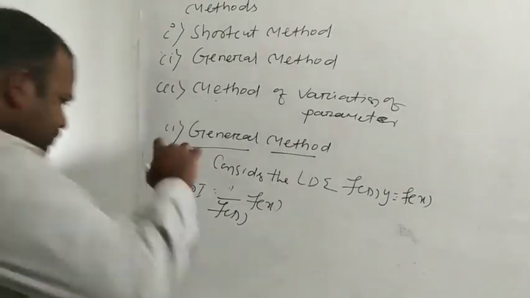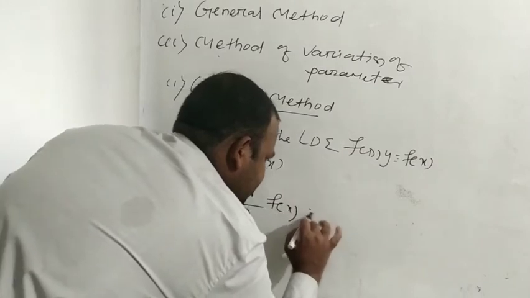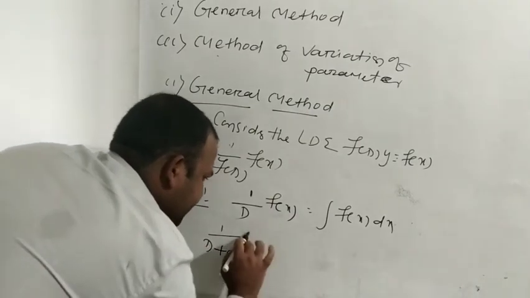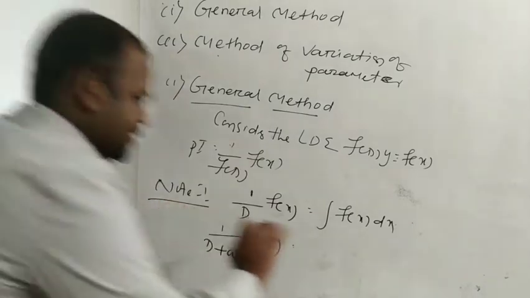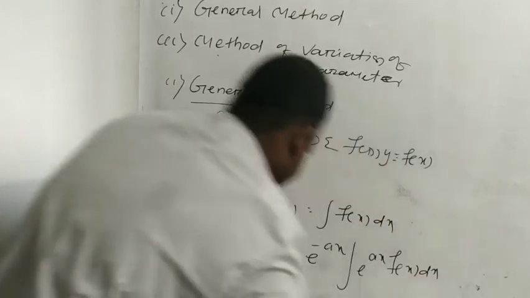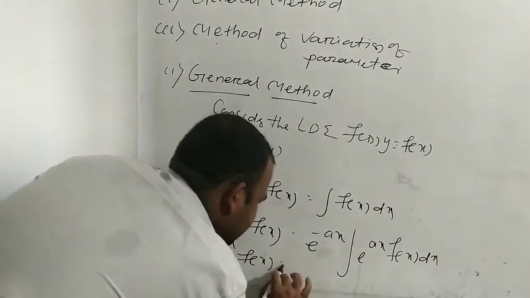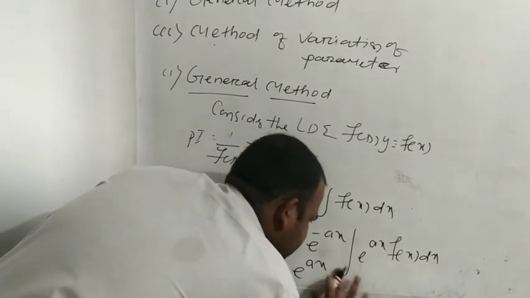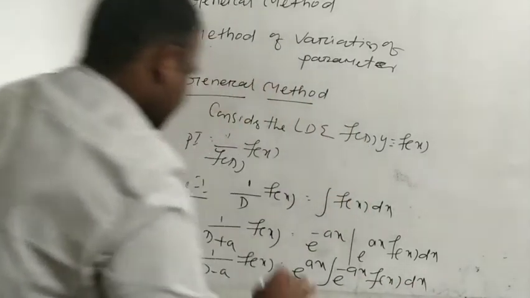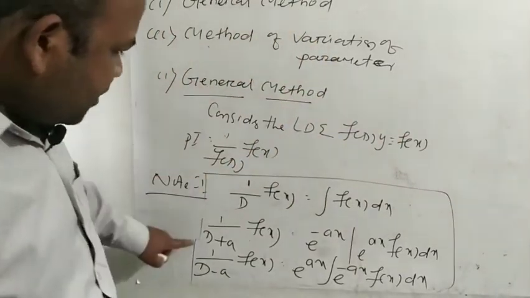So in the general method, note: 1/D f(x) = integration of f(x) dx. 1/(D + a) f(x), where f(x) means a function of x, equals e^(-ax) times integration of e^(ax) f(x) dx. And 1/(D - a) f(x) equals e^(ax) times integration of e^(-ax) f(x) dx. These three formulas you must remember whenever you use the general method.